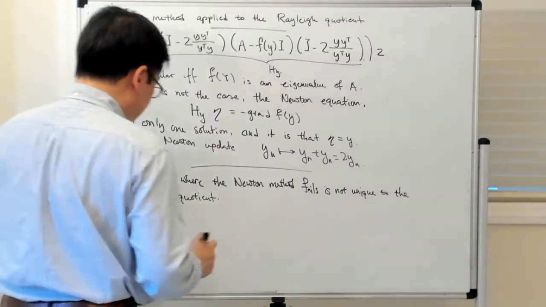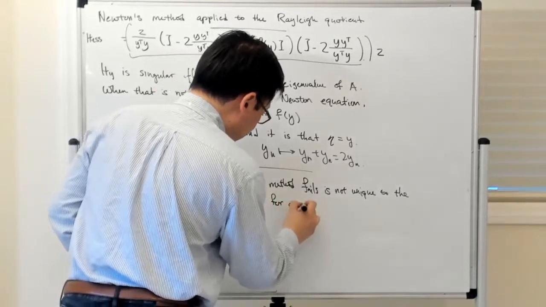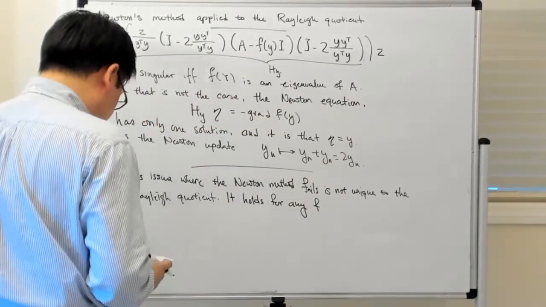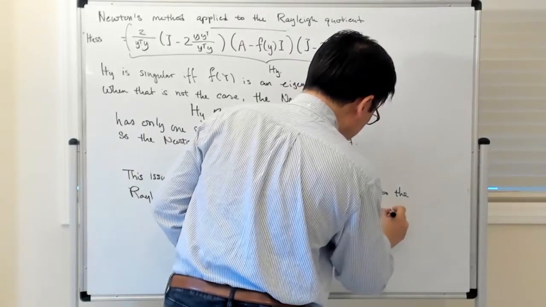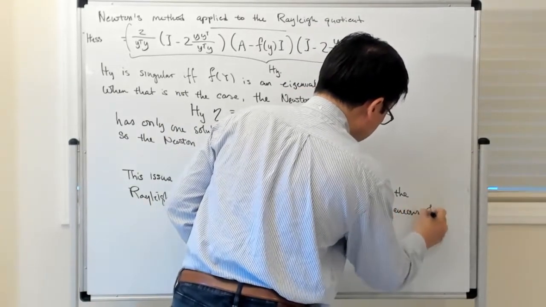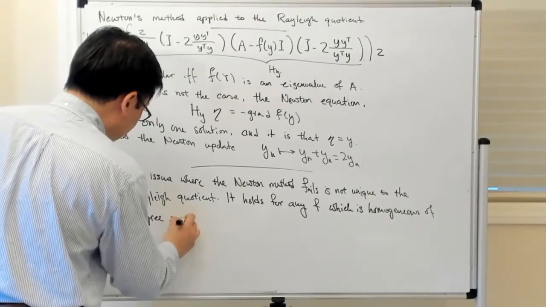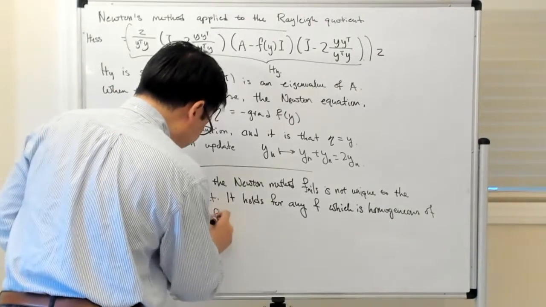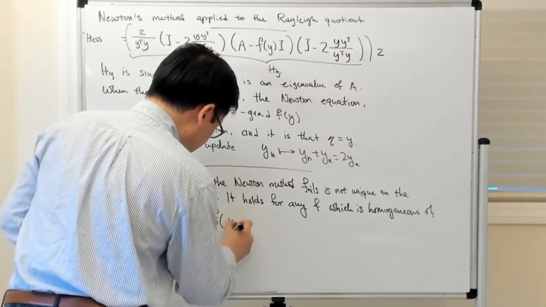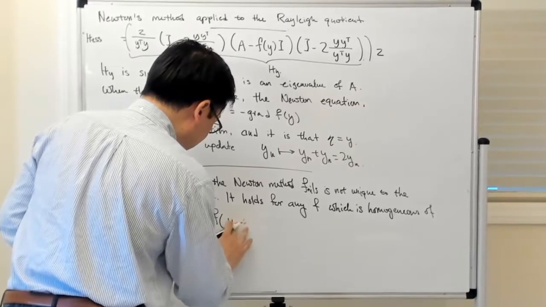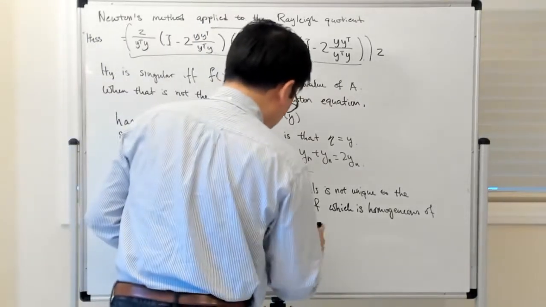It holds for any f which is homogeneous of degree 0. What that means basically is that if you take f and evaluate it on alpha y, this is equal to just f of y for any real alpha not equal to 0.